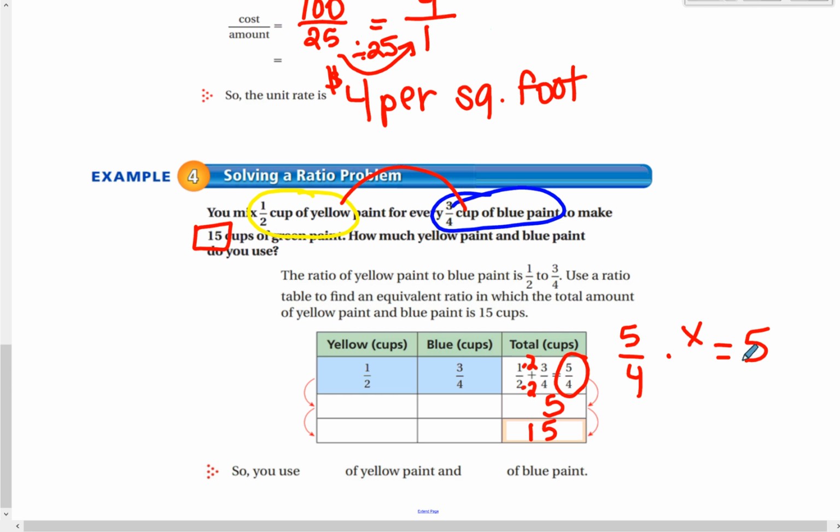And if we can get it to equal 5, then we have an easy transition from 5 to 15 by multiplying by 3. So let's just solve this equation. If we have 5/4 times x and we want to know what x is, we are going to divide both sides by 5/4.